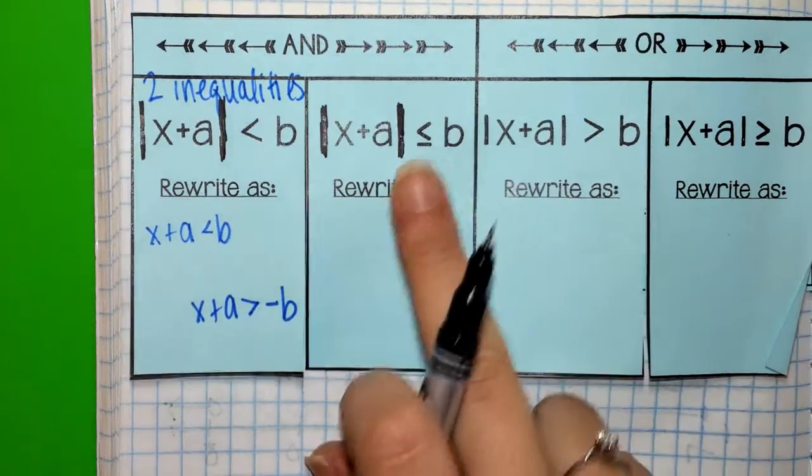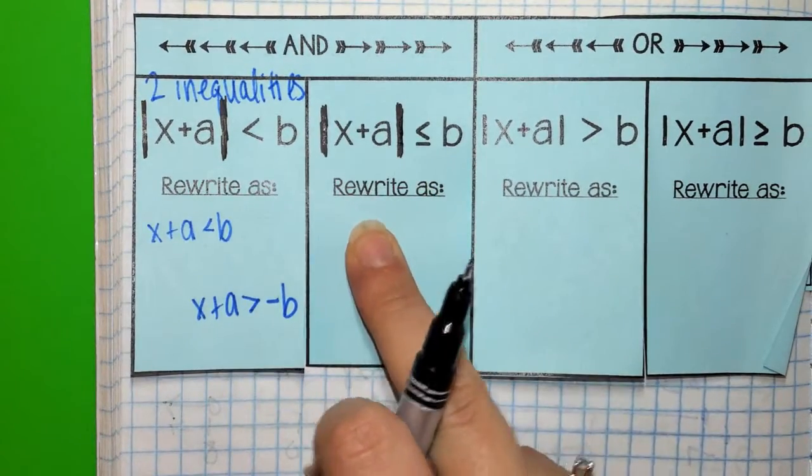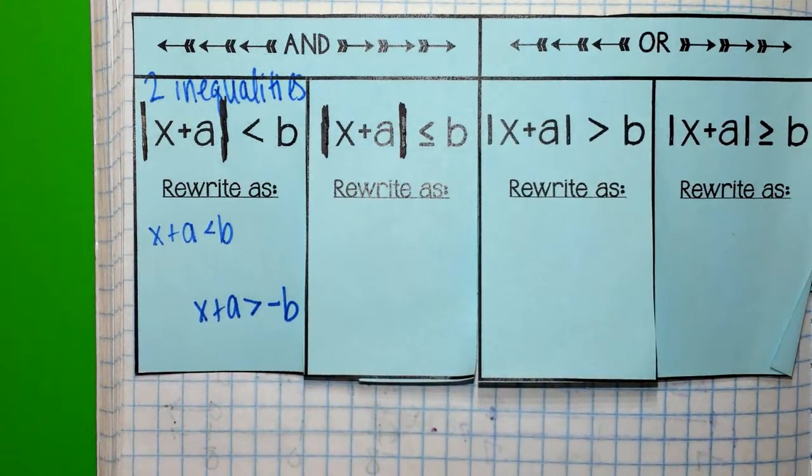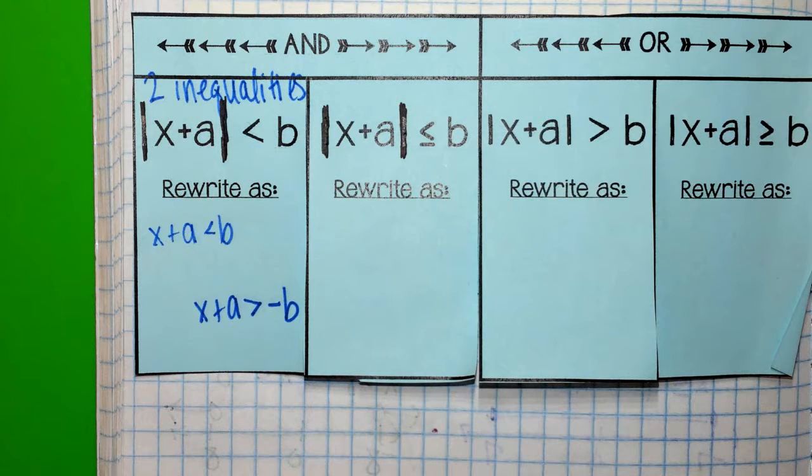All right, now if I rewrote this one, how would I rewrite my first? How would I rewrite my positive? What would I write down? I want to write the positive side. What would I write? Say it louder, Sarah. Okay.